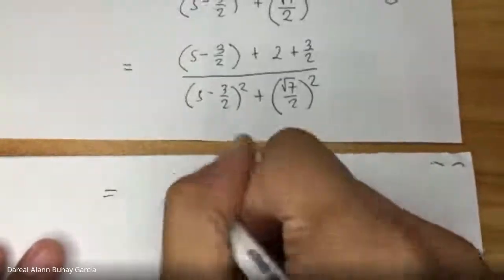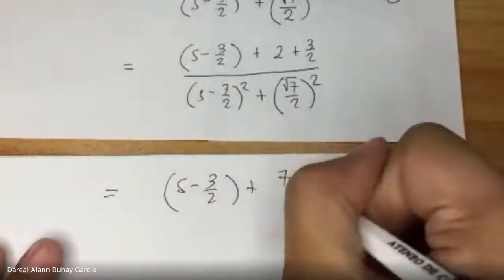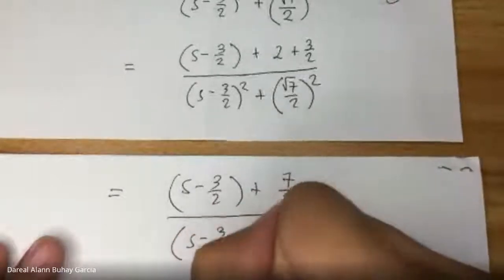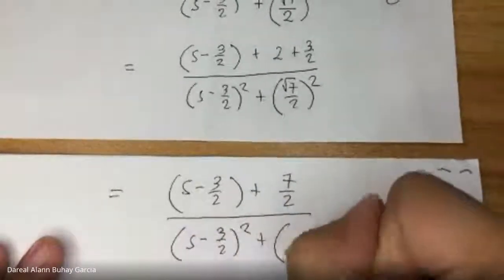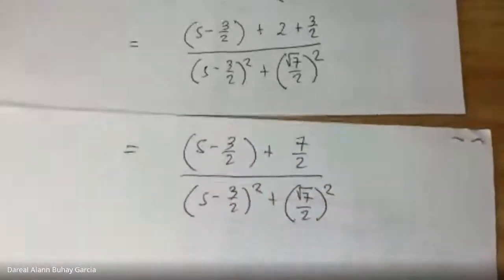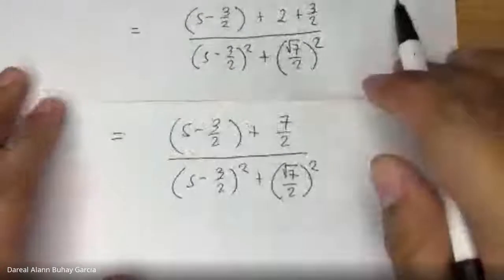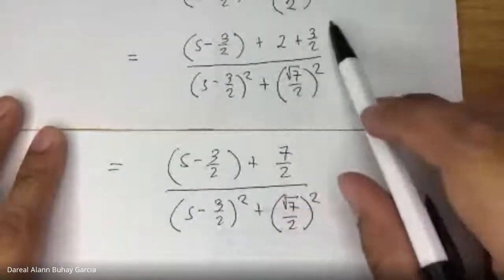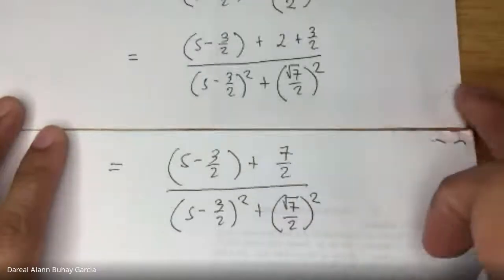S minus 3 halves plus 7 halves. S minus 3 halves squared plus square root of 7 over 2 squared. Okay? So, ako lang ning gi-simplify.